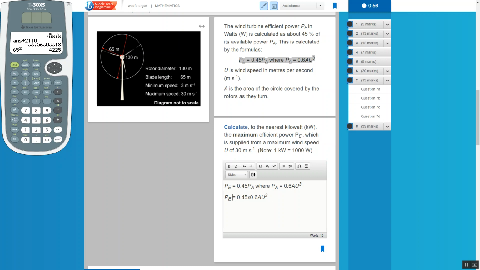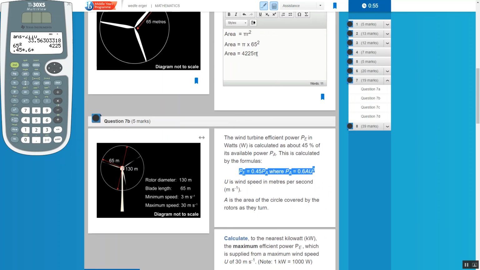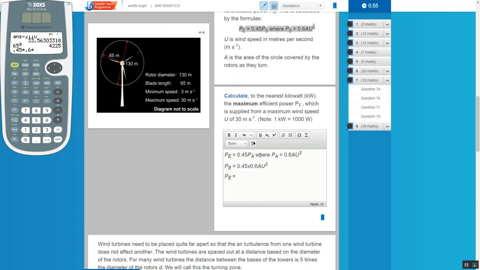So PE is equal to 0.45 times 0.6 times A, which is the area, times 30 cubed.